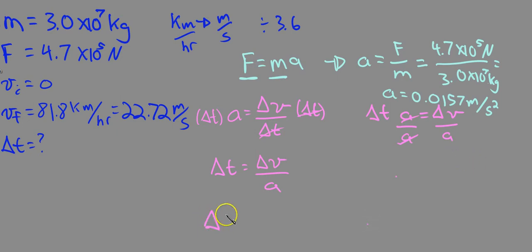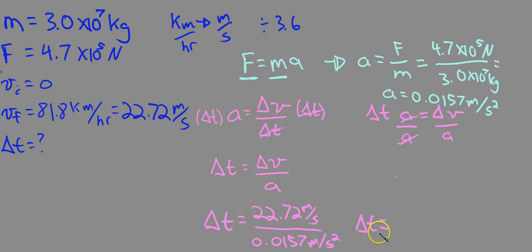So my change in time here is going to be my change in velocity, which is just my final velocity, 22.72 meters per second, divided by 0.0157 meters per second squared. And you'll notice meters per second cancels with meters per second. I'm just left with seconds in the end.